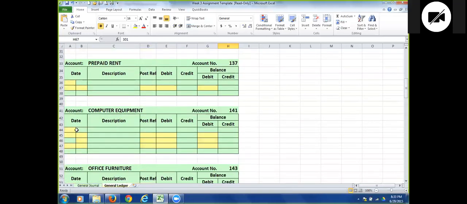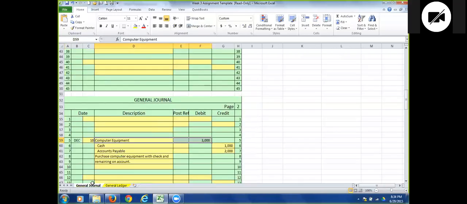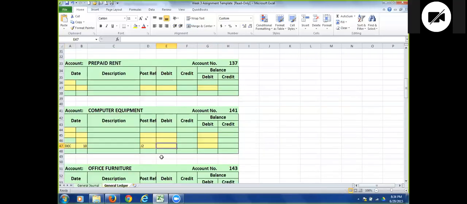We go to computer equipment. And again, I'm going to skip around on this because we skipped a bunch of November transactions. So this December one would be down here. The post reference is J for General Journal, but it's page 2 because again, we're on page 2 for December. And it's a $3,000 debit balance.